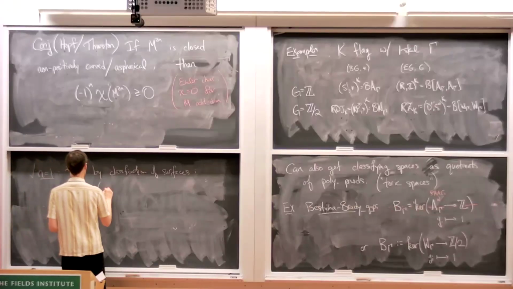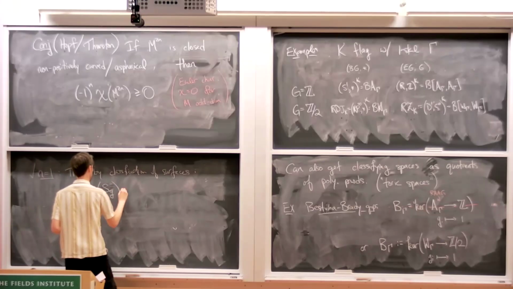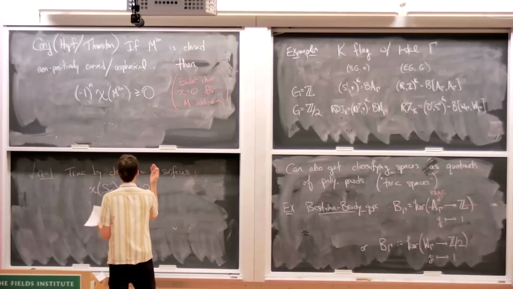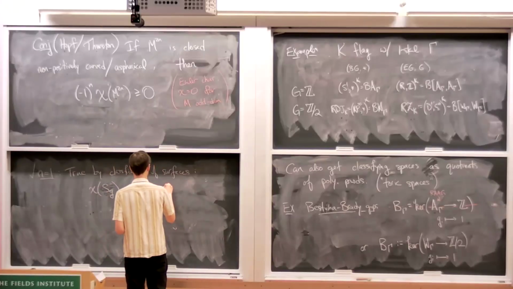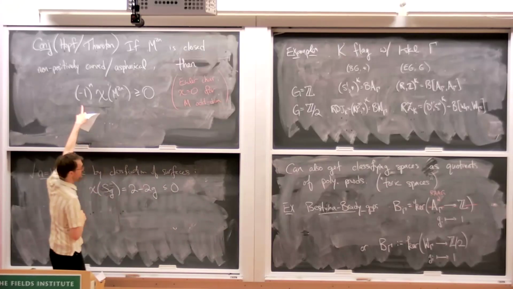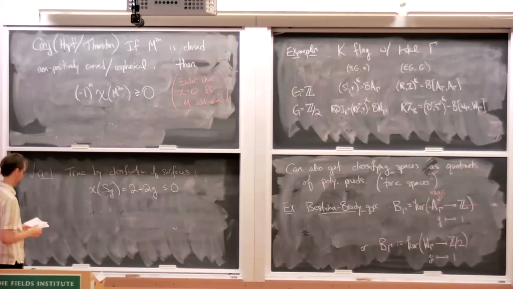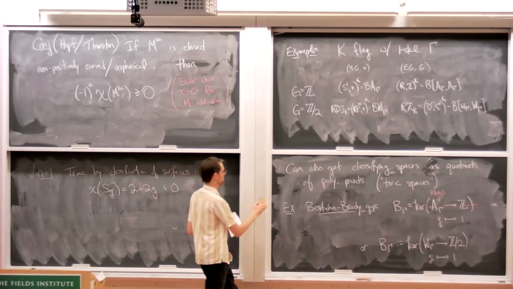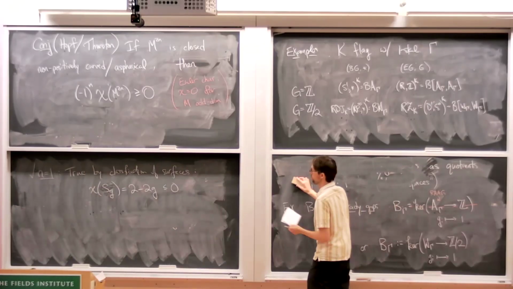So for a surface of genus g, it's 2 minus 2g, which is certainly non-positive, as it should be, for n equals 1. Okay, now let me specialize before saying what else is known in higher dimensions.